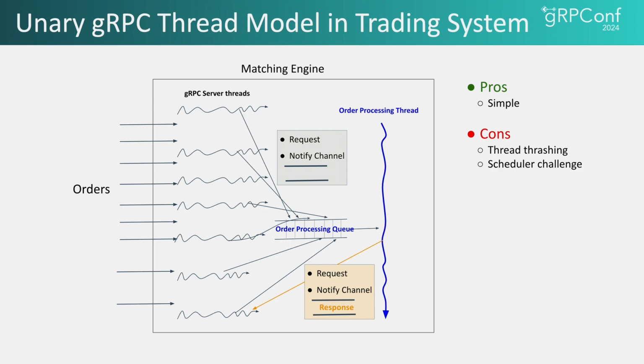After that, the server Go routine blocks until the response to the request is placed by this other order processing thread in the notify channel. As we mentioned earlier, this approach at times could cause a large number, sometimes basically unbounded number of Go routines to be competing for CPU resource, exacerbating the latency spikes.